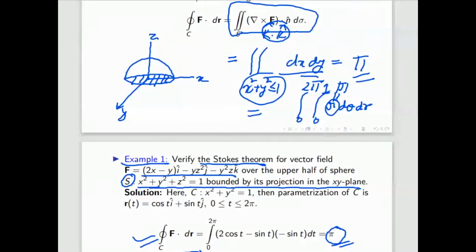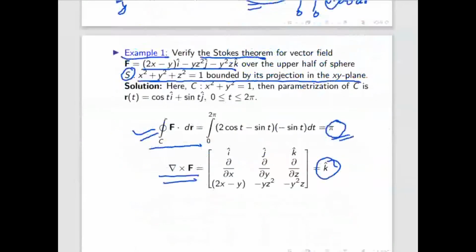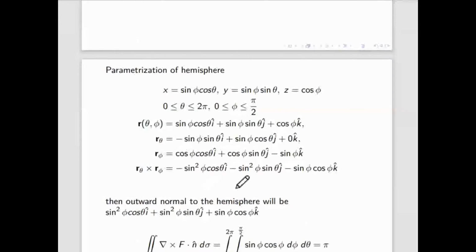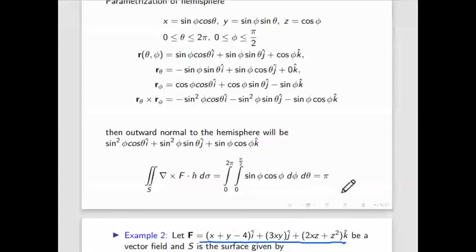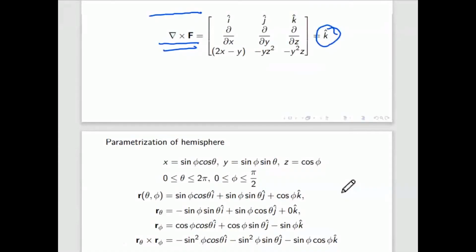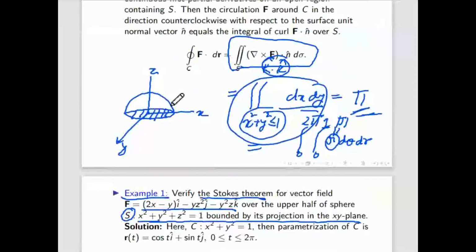So the same surface integral we calculated here. If you are writing some GATE exam, you will not do the parameterization of this sphere, rho cos phi, sin phi like this, and then calculate. The answer will come the same, but it will take more time. But if you use the Gauss divergence theorem, the surface integral of this is the same as the surface integral over this circle.